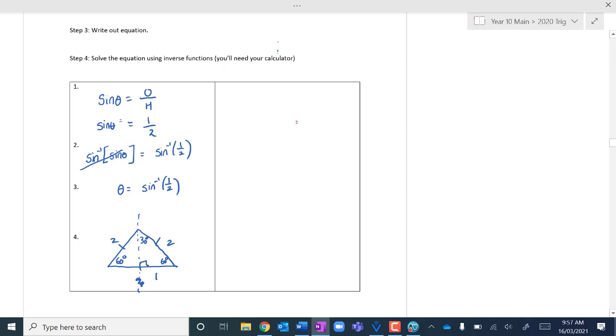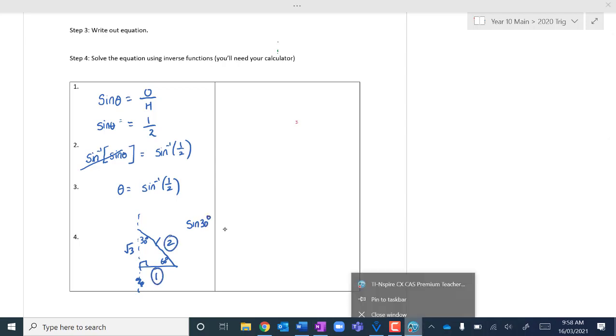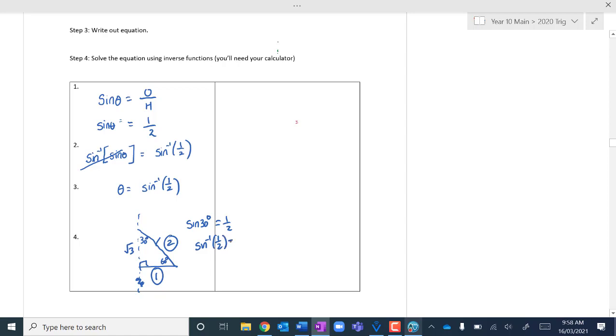I can tell you from an exact triangle, when you use Pythagoras to find that this is root 3, that sine of 30 degrees is opposite over hypotenuse, which is a half. So what does inverse sine of a half mean? It means that it's 30 degrees, that unknown angle.